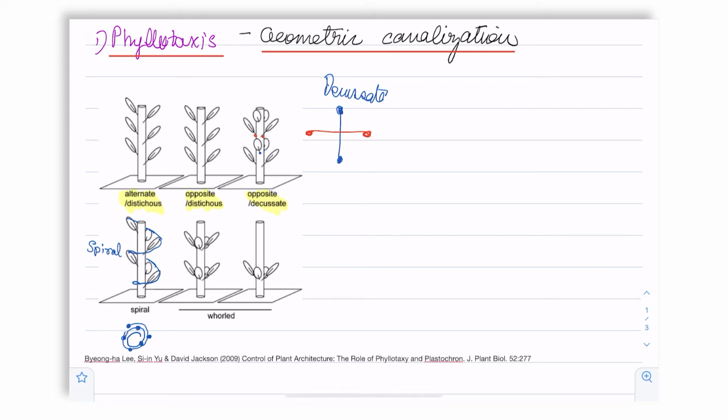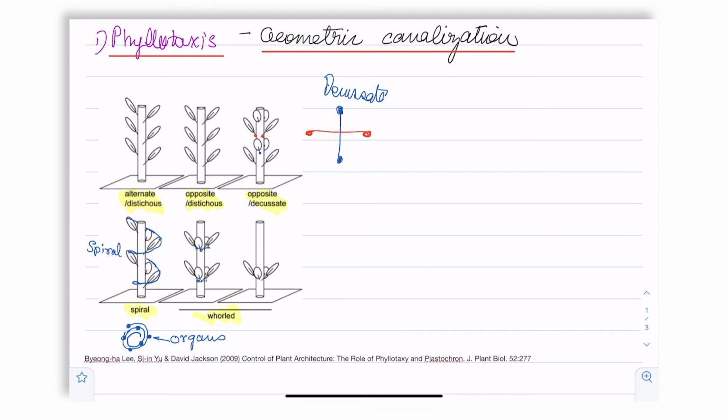And so on. Whorl phyllotaxy suggests that at a given node, you will have multiple leaves emerging.